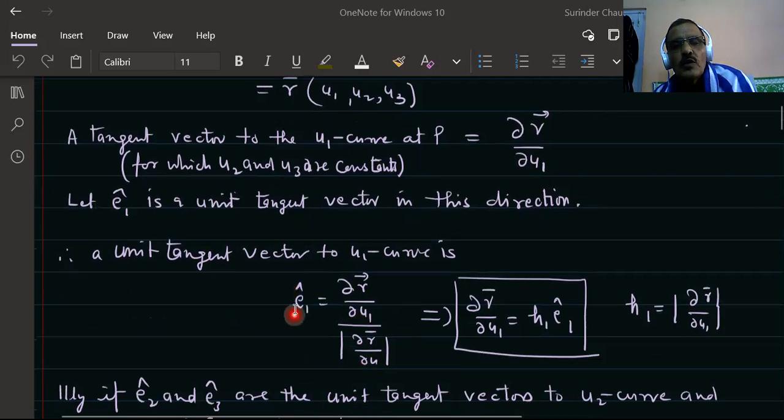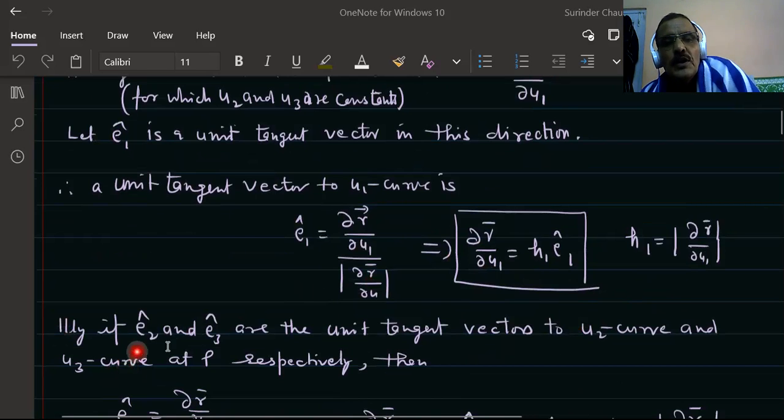You know that the unit vector along a vector is equal to the vector upon the magnitude of the vector. So the unit vector along this tangent vector is this vector upon the magnitude of this vector. Let us put the modulus of this vector equal to h1, the scale factor. So the tangent vector along the u1 curve will be h1 times e1.